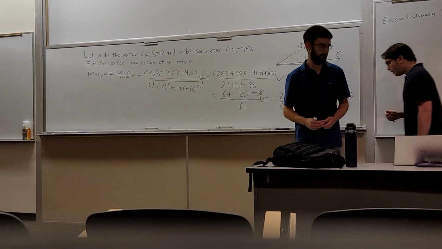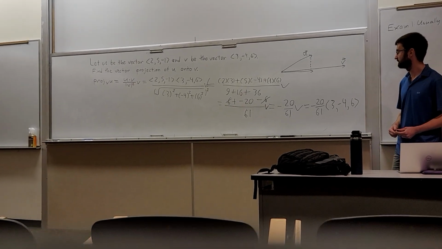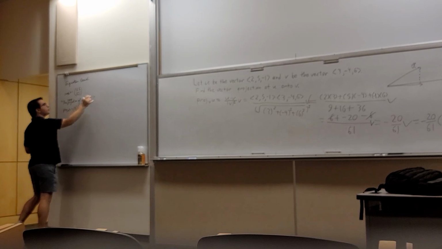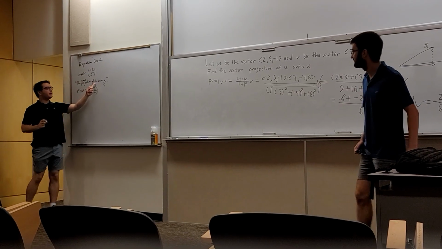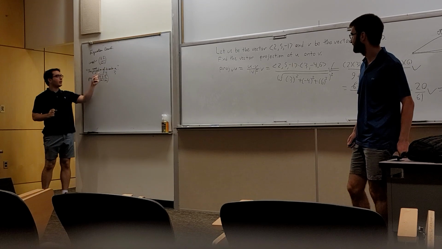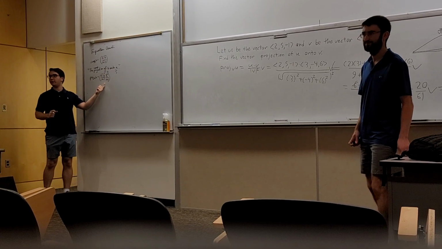Also, one thing with this, many people make this mistake sometimes. First of all, notice here that this is the component or projection of B onto A, is the way that this is written. If you're doing A onto B, then A isn't in the denominator. It flips.